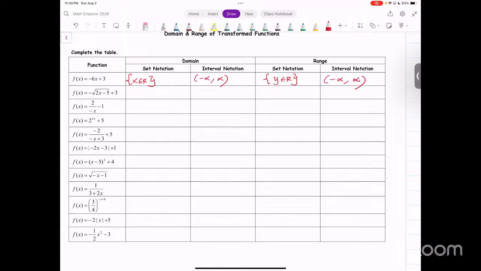All right, so let's ask Harshini, what is the set notation of the domain for that function?